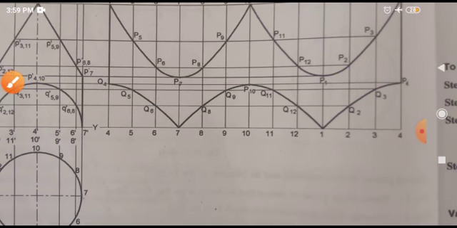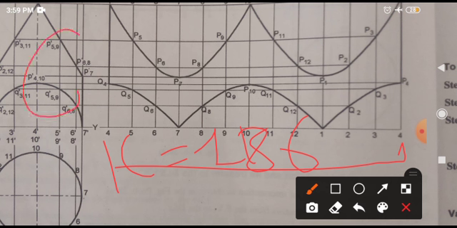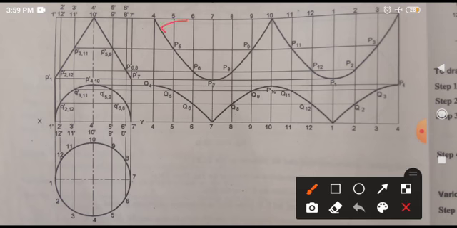Now therefore you have to take this much distance, equal to 186 millimeter, which is the circumference of the cylinder. Now you have completed the outer shape, that means you have just completed the rectangle.